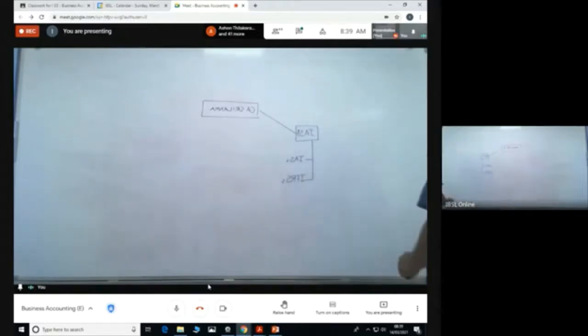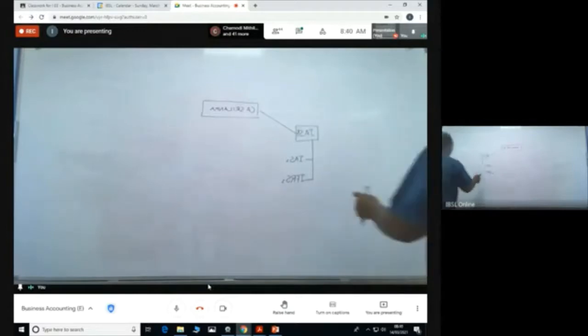Currently we have two sets of accounting standards. One is IAS, which means International Accounting Standards, and the other one is IFRS, International Financial Reporting Standards.